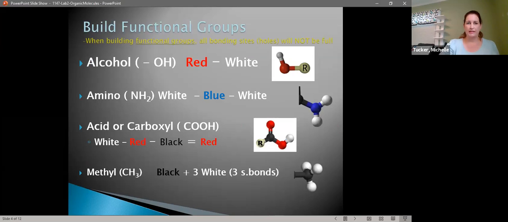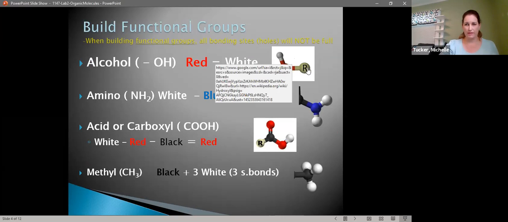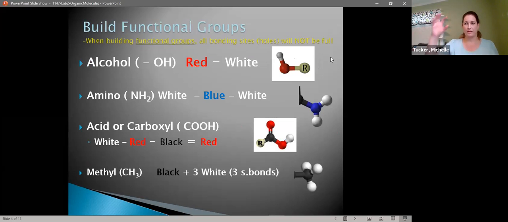So the second activity is on functional groups. A functional group is only part of a molecule, and usually it's part of a much larger molecule. So this R here is the remainder of the molecule. For example, we'll have glycerol, and it's going to have 3 alcohol groups on it.